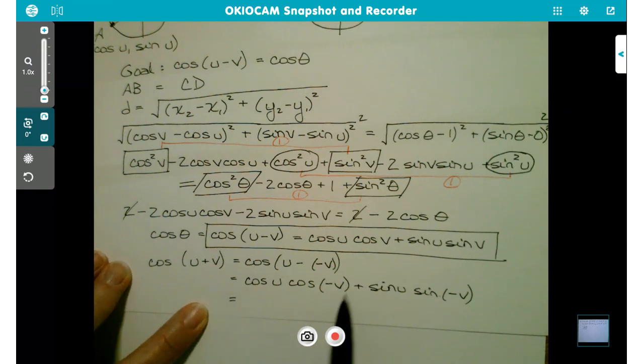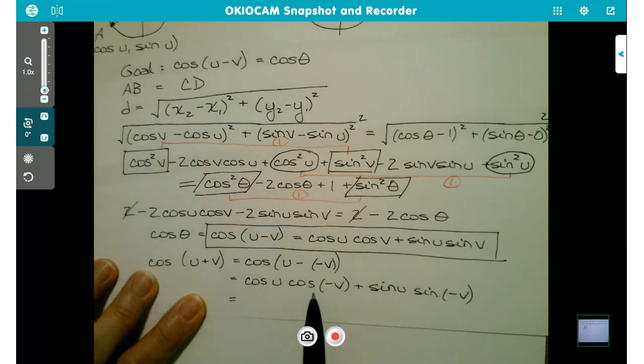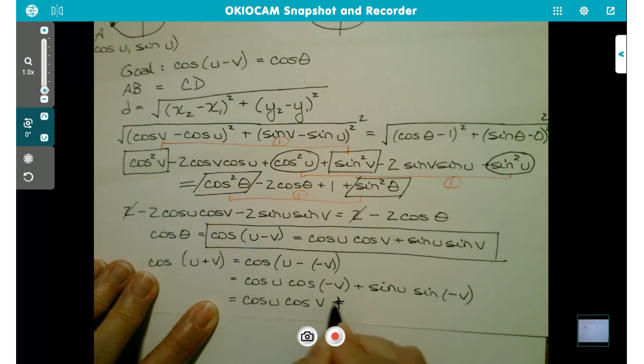But remember from recent history, cosine is an even function. So the cosine of -v is the same as cosine of v. Sine, on the other hand, is an odd function.